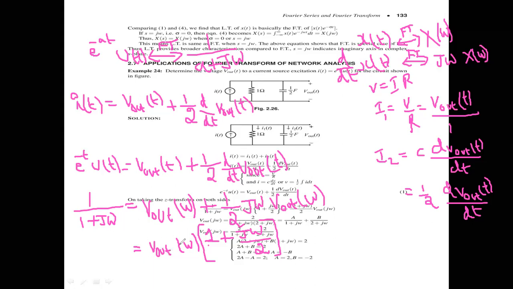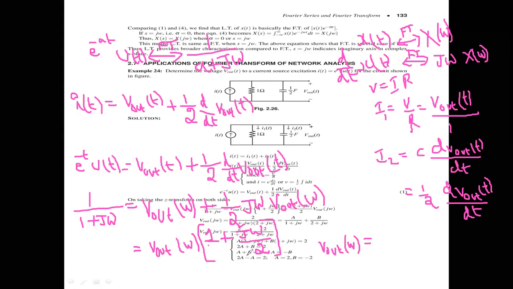Now V out of omega is equal to, we need finally the Fourier transformation of V out; already we have 1 by j omega, and you can cross multiply this function by taking off 2, whole divided by 2 plus j omega.